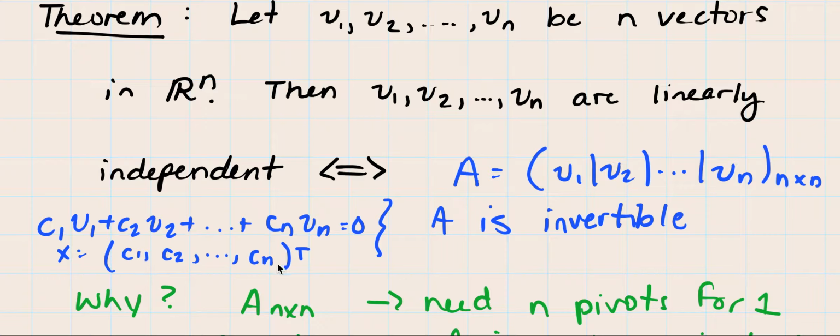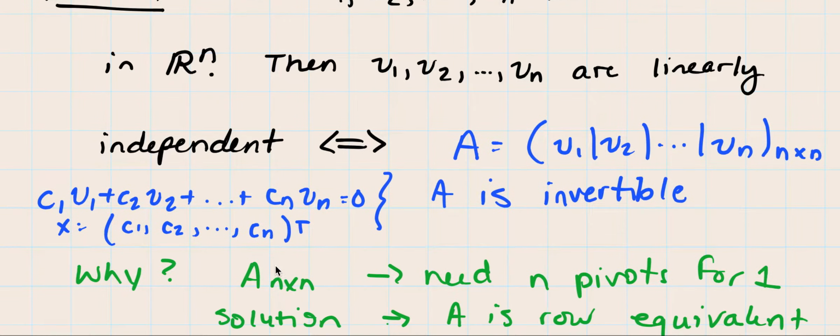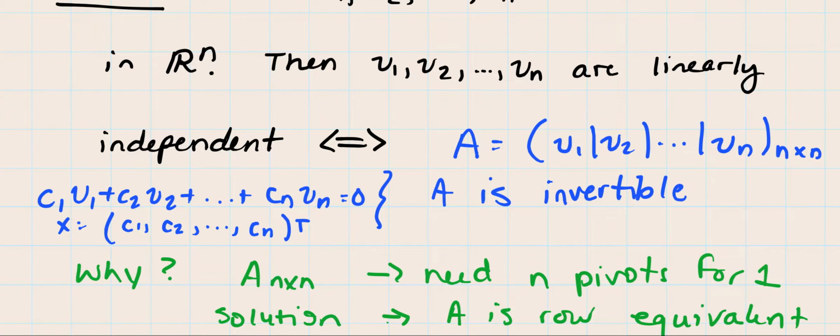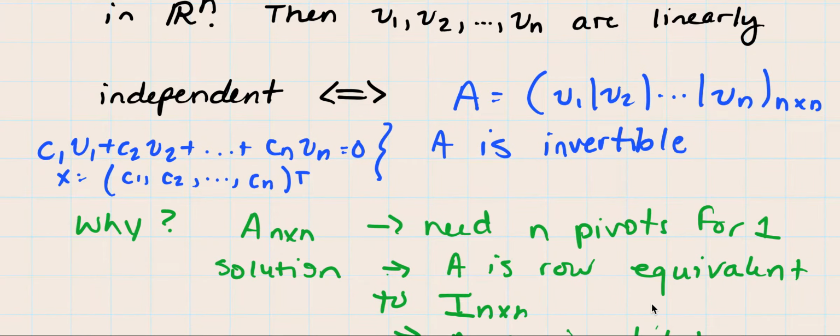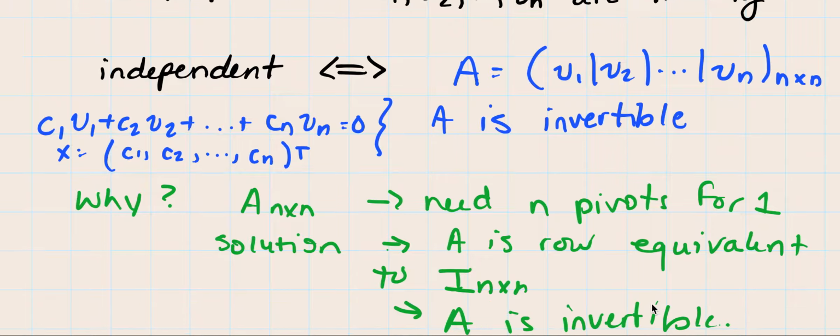Well, if you have n pivots in an n by n matrix, that means A has to be row equivalent to the identity matrix. Because when you put it in reduced row echelon form, it has to be the identity matrix. And if a matrix is row equivalent to the identity matrix, then it's invertible.